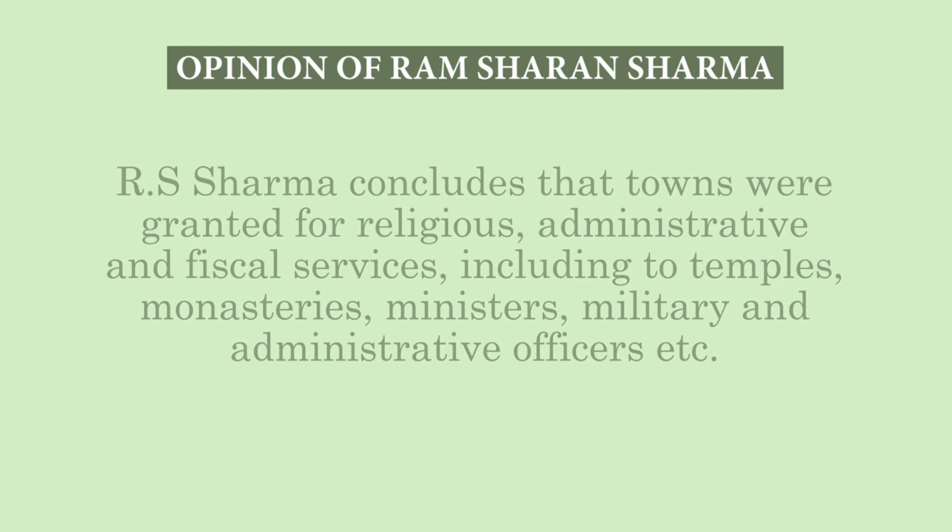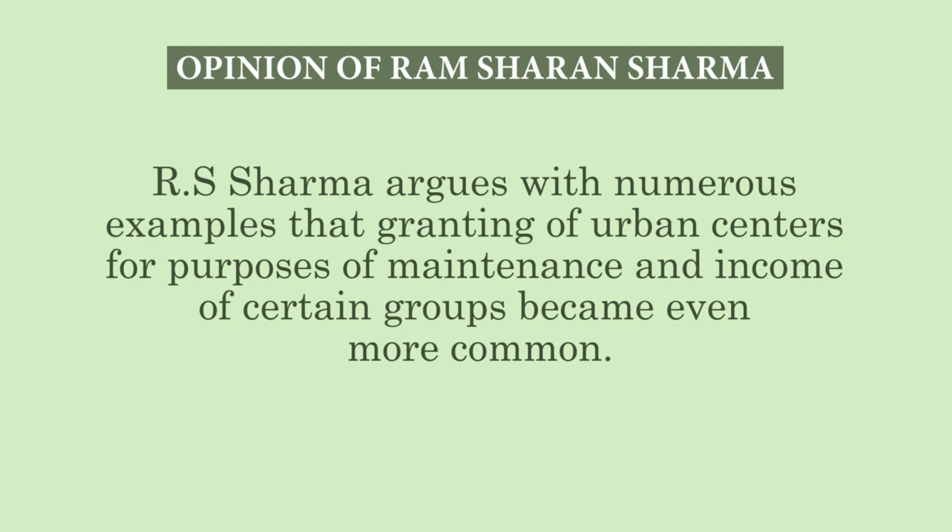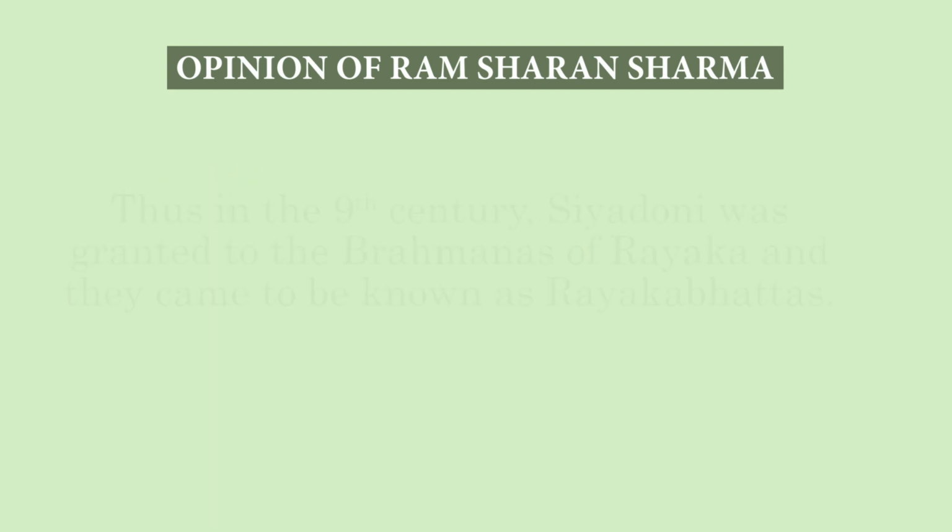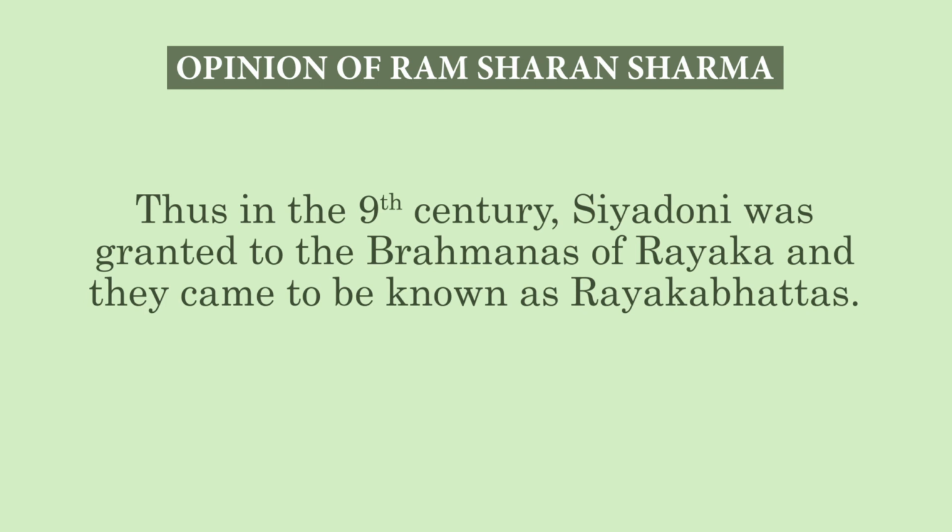Sharma argues with numerous examples that granting of urban centers for purposes of maintenance and income of certain groups become even more common as time goes on. Thus, in the 9th century, Shiadoni was granted to the Brahmins of Rayok, and they came to be known as Rayaka Bhattas.